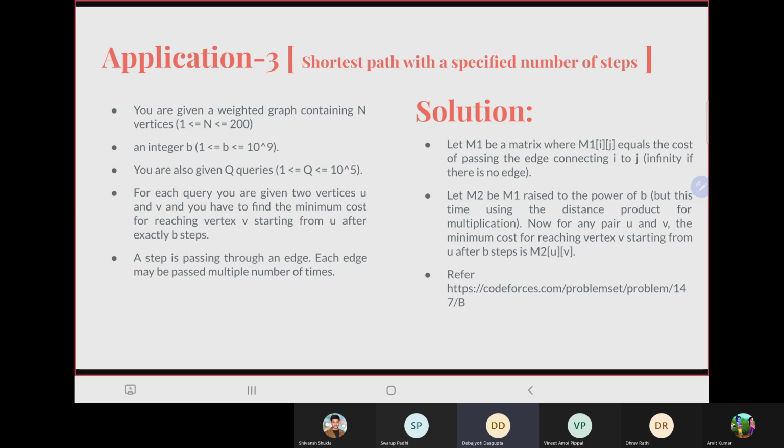So we will take the product again. Every time you multiply, you are joining a path, and then take the minimum of the paths, you will get the answer. You can try the problem in the link below. It's exactly the same method as how we are implementing the number of paths.